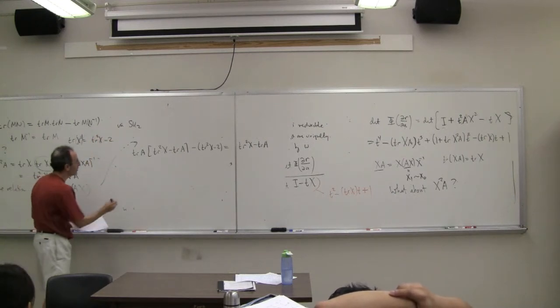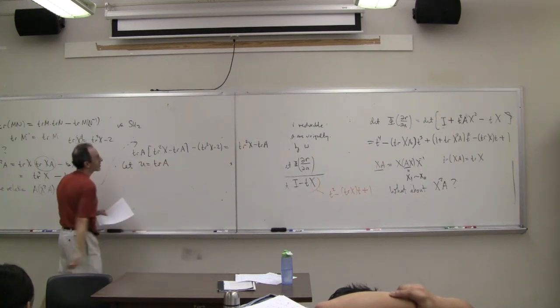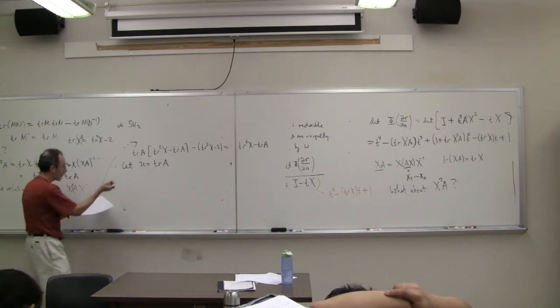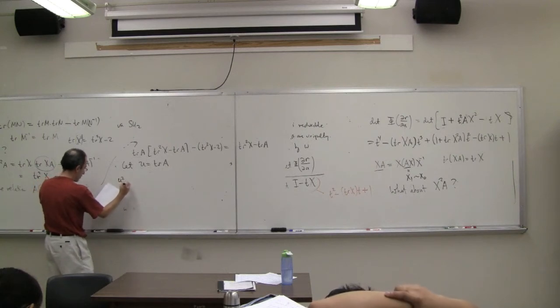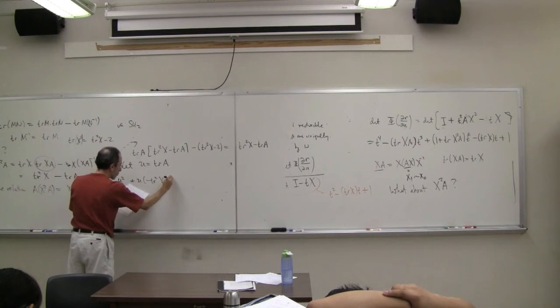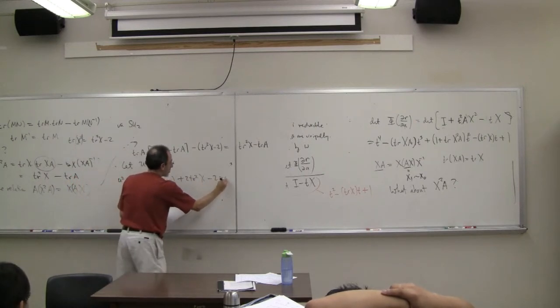All right, so now what Lin does is he lets trace A be a variable. Let's call it U. And then when you plug it in, you get U squared plus U minus trace squared X minus 1 plus 2 trace squared X minus 2 equals 0.